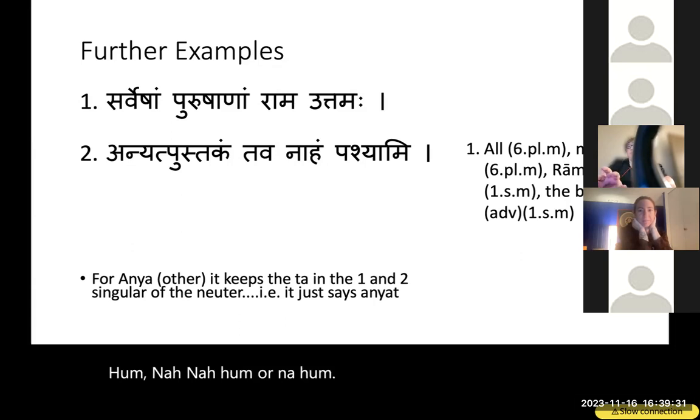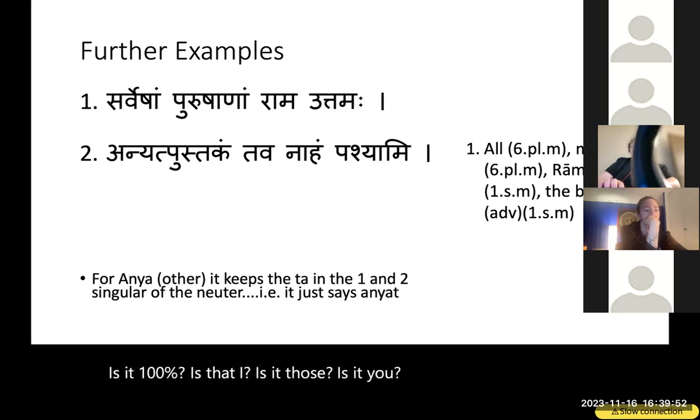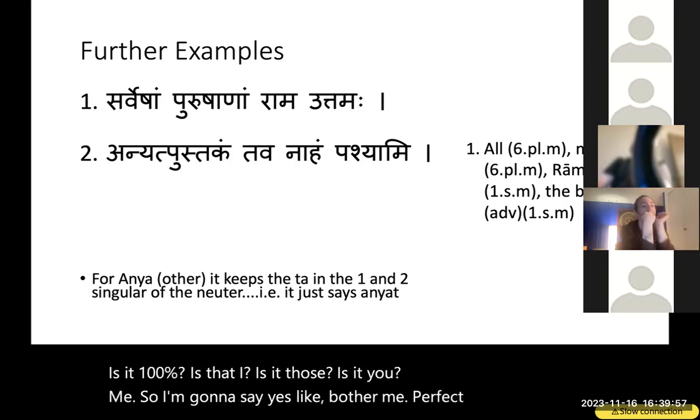Perfect. Where's my verb? Is it pashyami? 100% is. Is that I? Is it those? Is it you? Me. So I'm going to say I. Yes, like vadami. Perfect. Singular, I form, pash, to see.